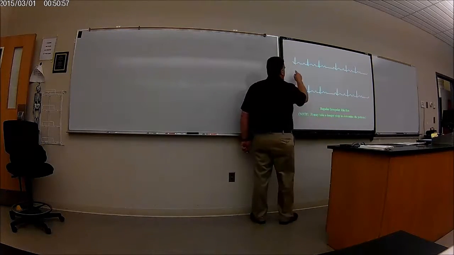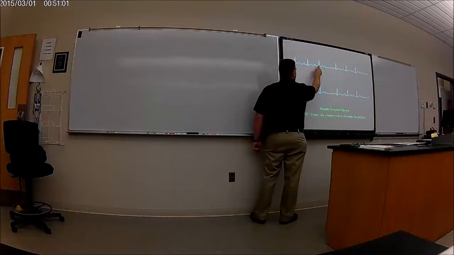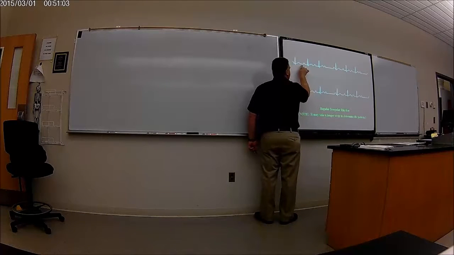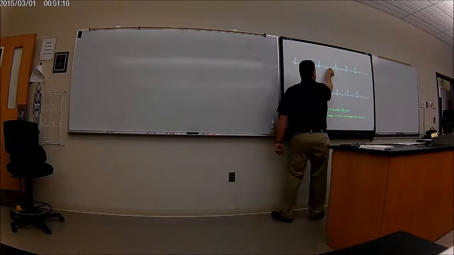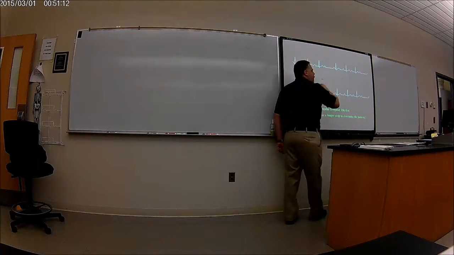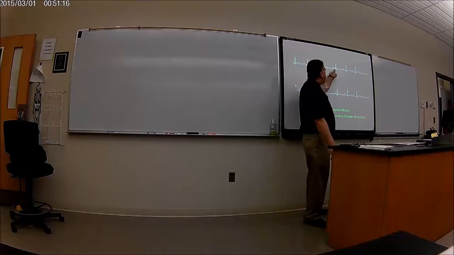So look at this. P, QRS, T. P, QRS, T. And notice that between the P and the QRS, there's a space there. This one, the space is longer. This one, its space is so long that it skips a QRS. And then it goes back.